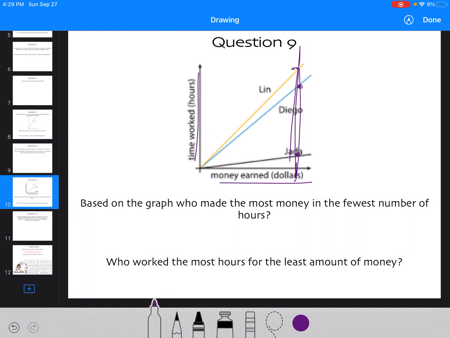So Lynn makes the least amount. Diego's at the middle. And Jada makes the most per hour. Okay, so who worked the most hours for the least amount of money would have been Lynn. And who worked the fewest who made the most money, it would have been Jada.